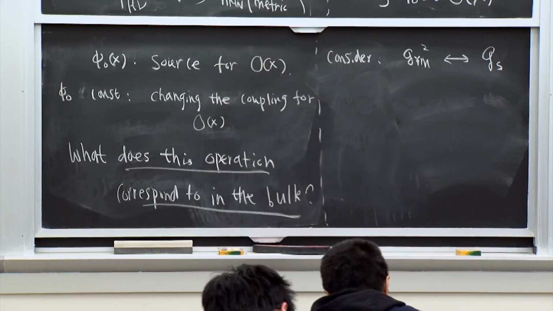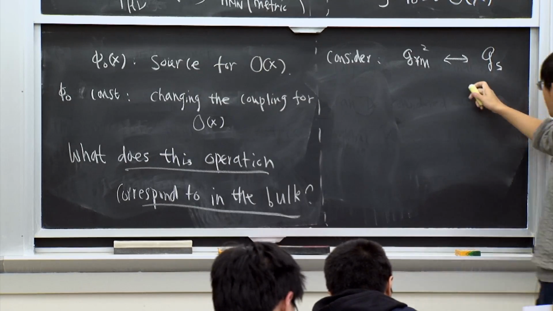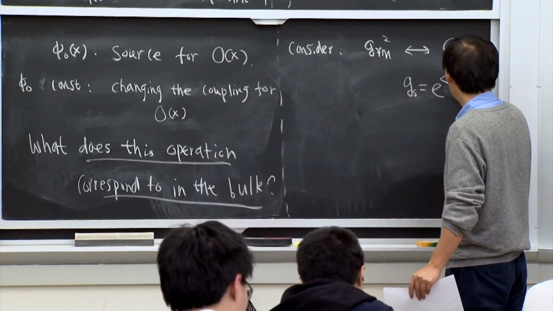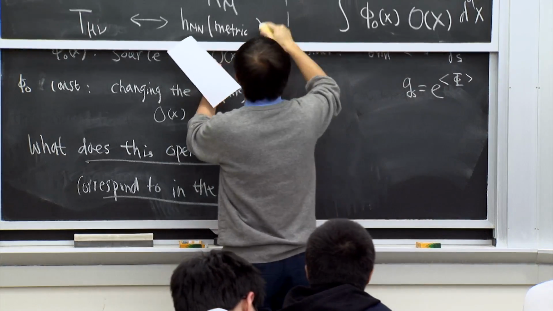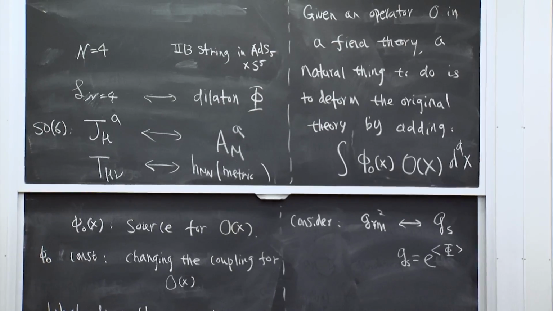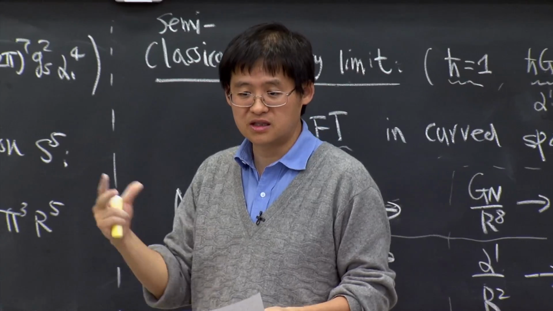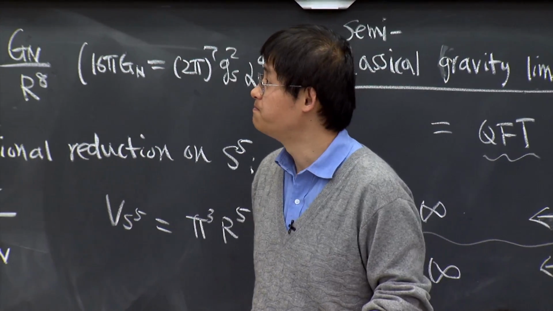Let's forget about the pi. We talked about before that g_s, the string coupling, can be considered as the expectation value of the dilaton field. Let me actually call it capital Phi. We mentioned this when we talked about string theory.